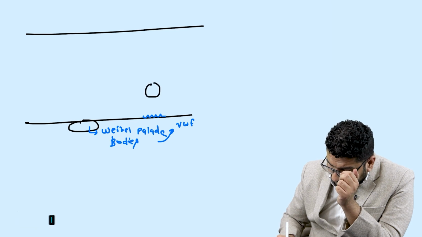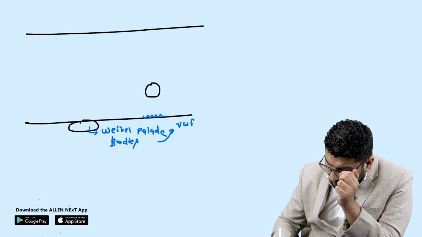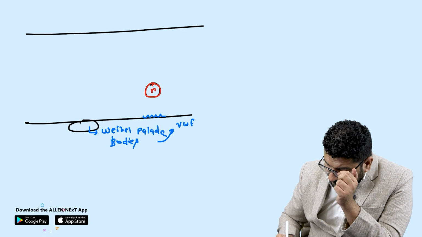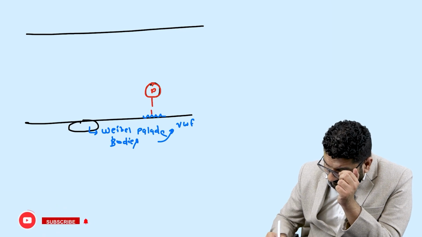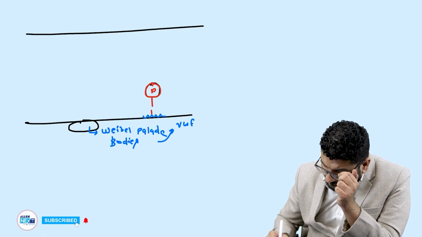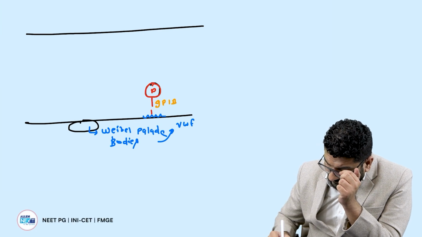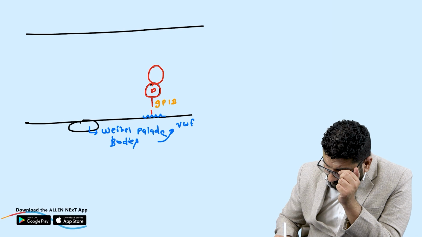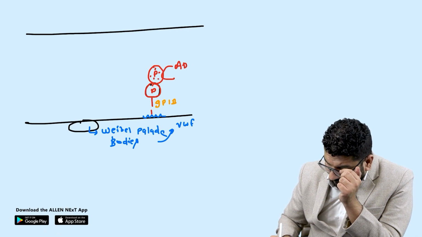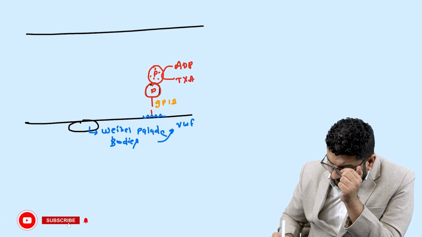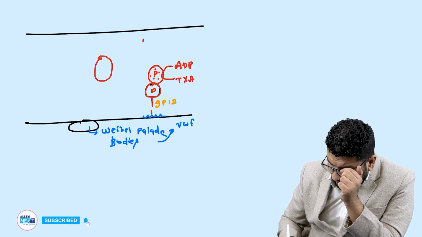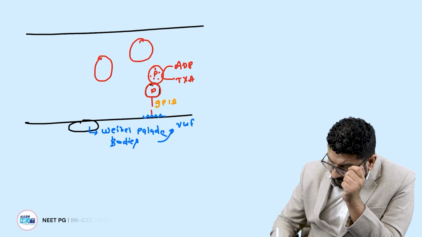Suppose these are platelets. These platelets stick to the endothelium, and this sticking is mediated by a protein called GP1B. Ultimately you see degranulation of platelets, which releases ADP and thromboxane. But one platelet is not sufficient; we need multiple platelets.